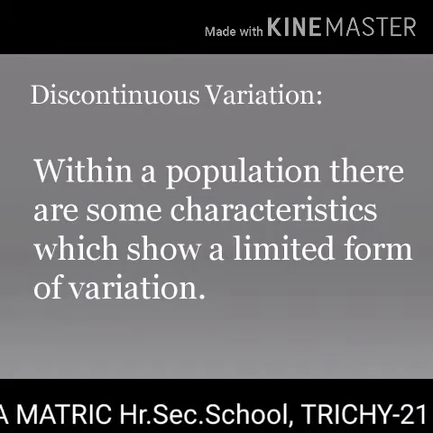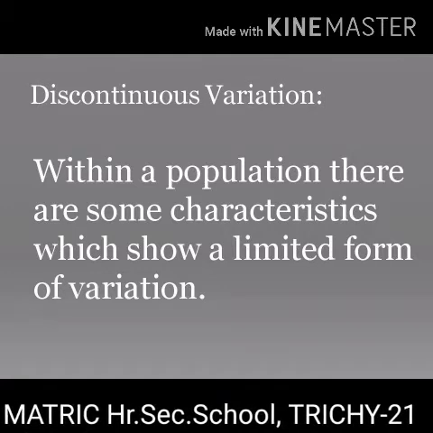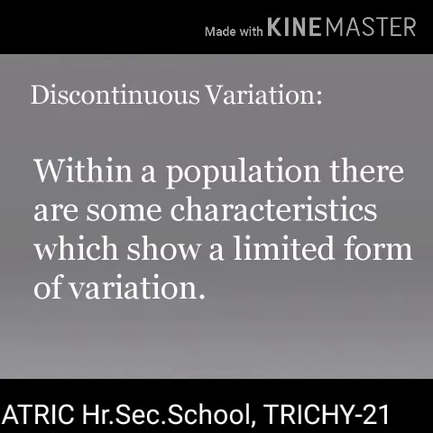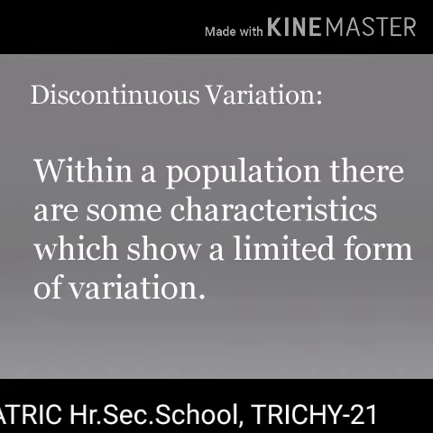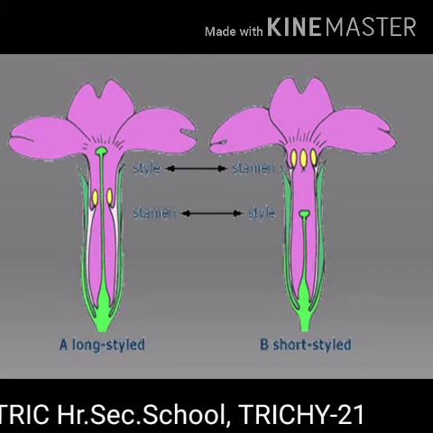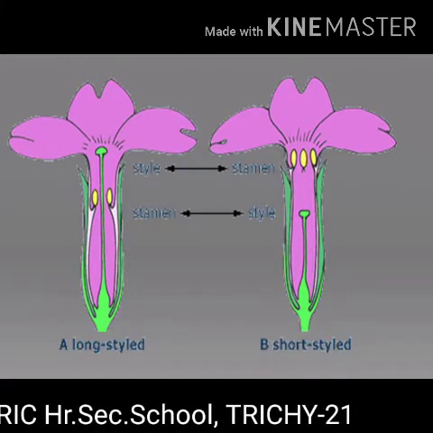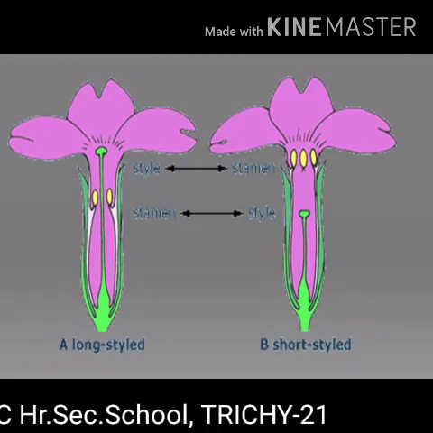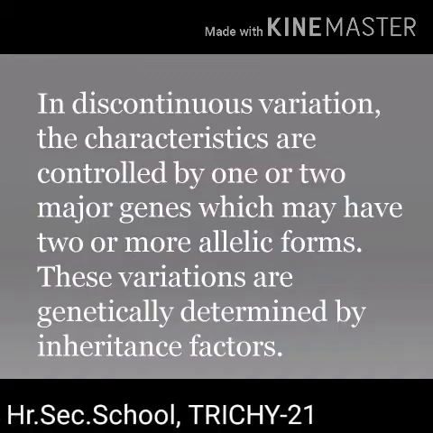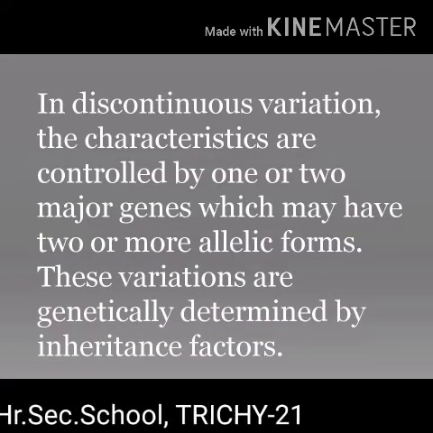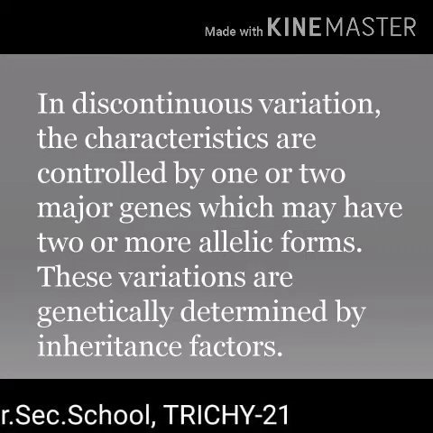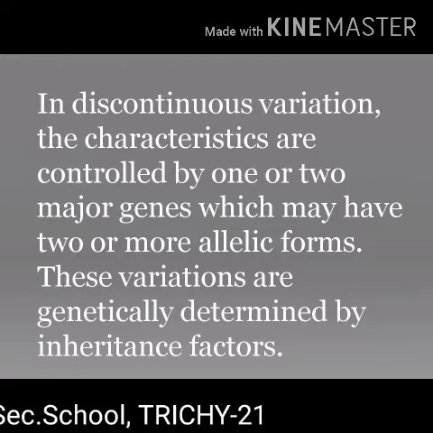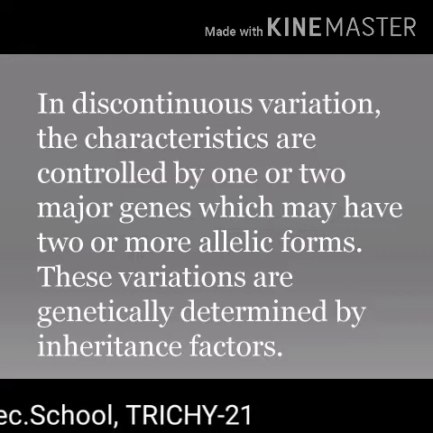Discontinuous variation. Within a population, there are some characteristics which show a limited form of variation. Example, the length of primula. It has two different lengths of gynoecium and two different lengths of androecium. In discontinuous variation, the characteristics are controlled by one or two major genes which may have two or more allelic forms.